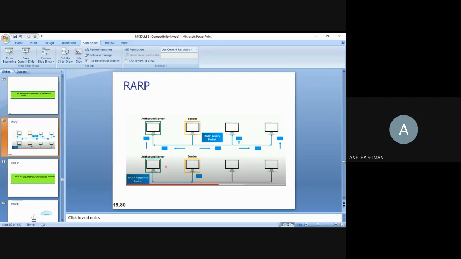Now, this RARP protocol is usually required for a diskless computer. A diskless computer means one which does not have permanent storage, a computer or PC without disk drives. In order to load its operating system, it does network booting from the server.